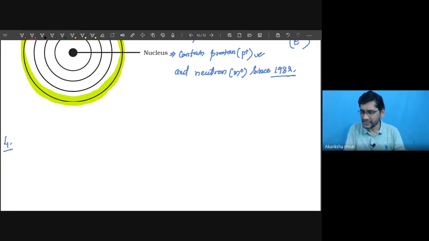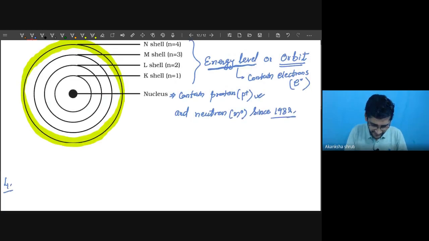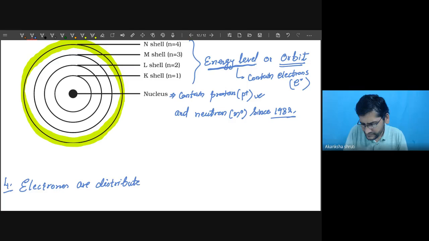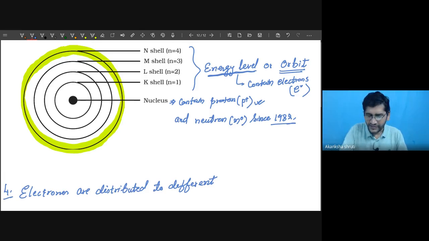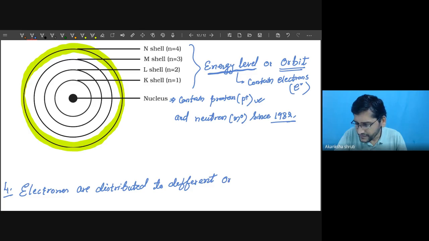Fixed number of electrons are distributed to different orbits, or different shells. For this distribution, in which order electrons will go, a rule is given.